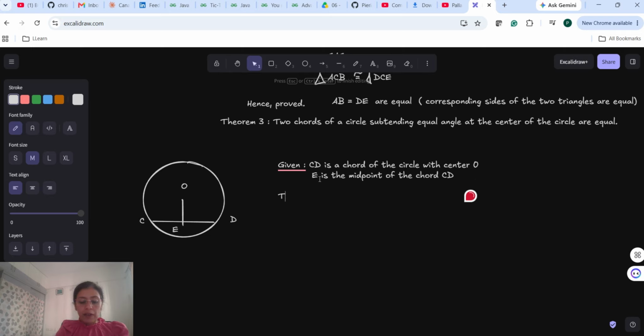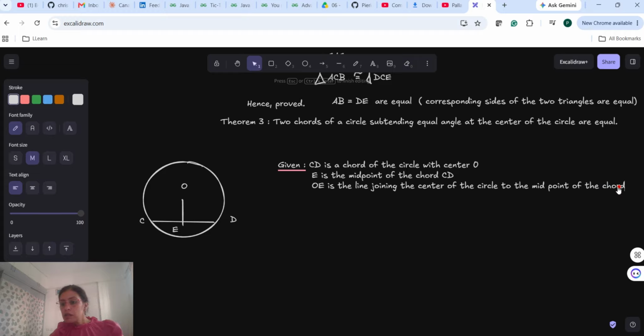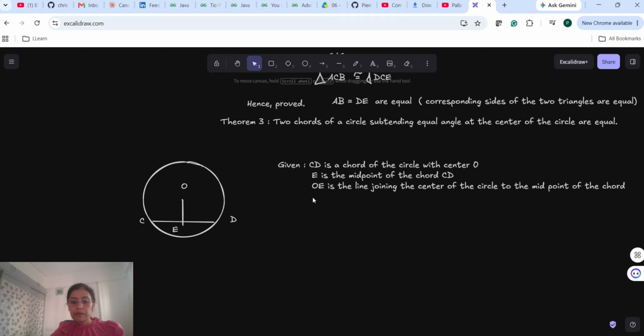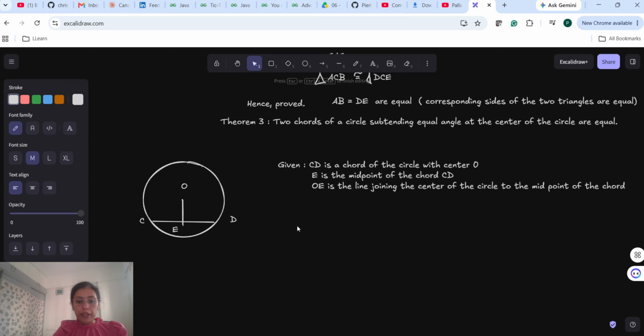And then OE is the line joining the center of the circle to the midpoint of the chord. These three things are given to us. Now, what do we need to prove here?